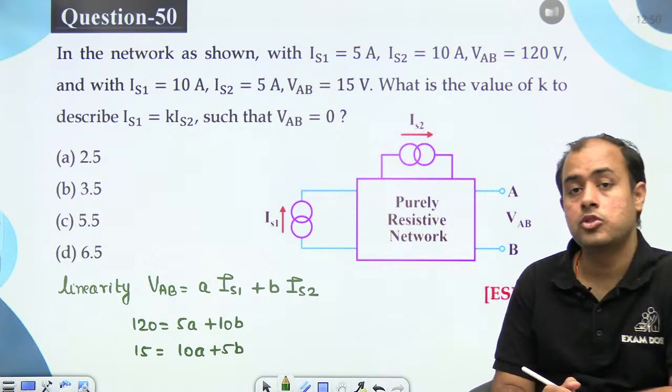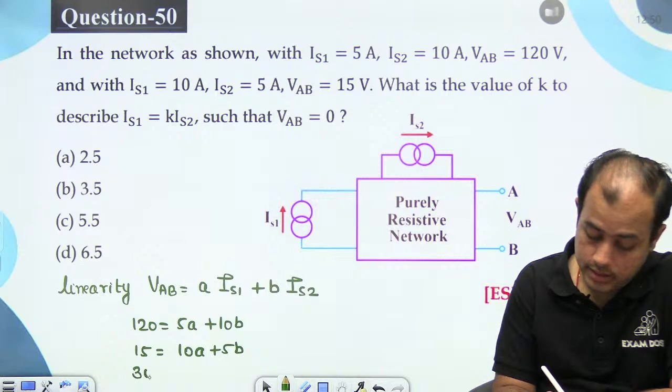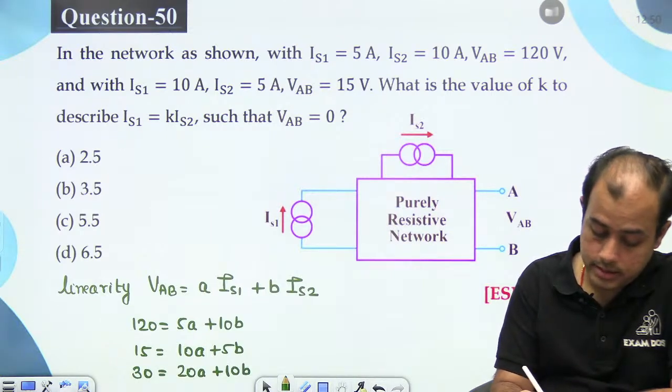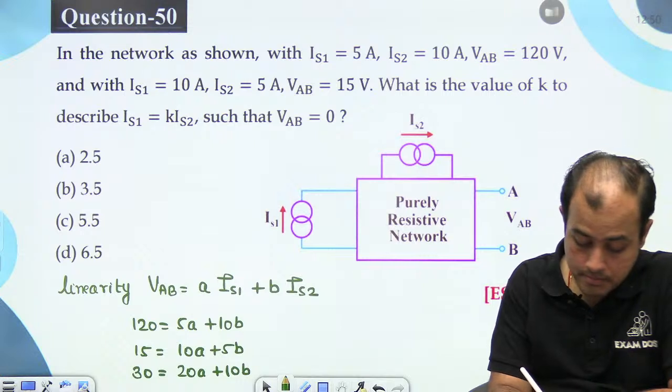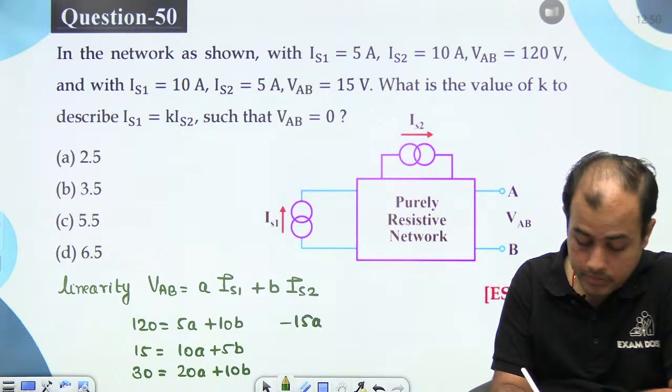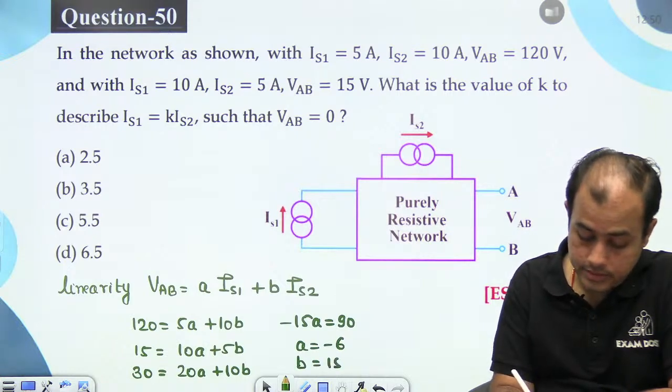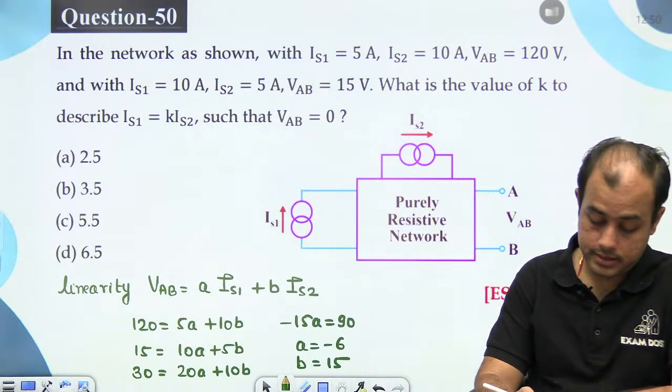Okay. So if you solve these two equations, let me multiply it by 2. Then subtract. Minus 30, 15. Okay. Minus 60 or 75.